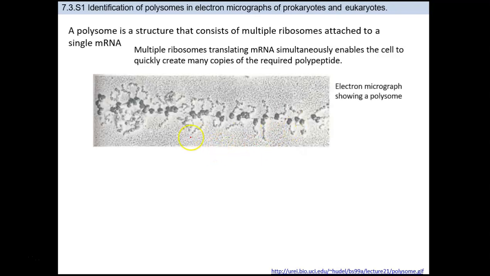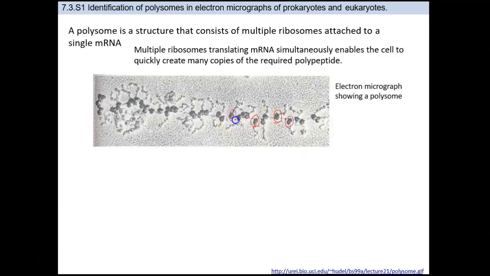So that's the electron micrograph showing the polysome, and you can see growing amino acid chains, and each of them would be a ribosome.